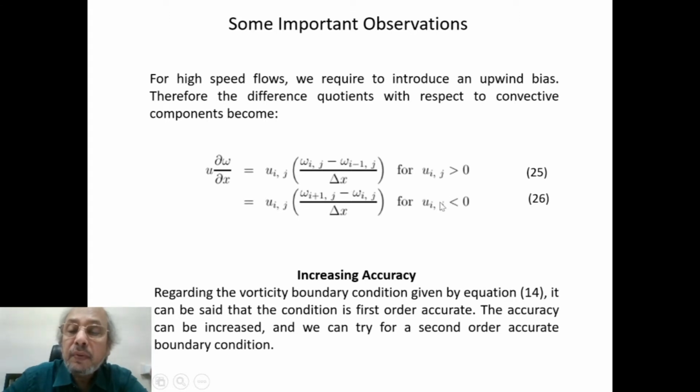And if the local velocity is negative, then it is omega_(i+1)j, the downstream point, minus omega_ij by delta x. So this is simple upwinding, and if needed, we can go for higher order upwinding also.